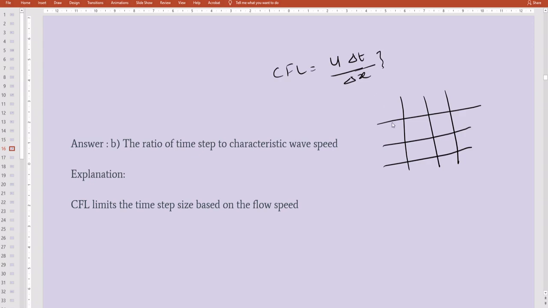The CFL number limits how delta x or delta t should be fixed.